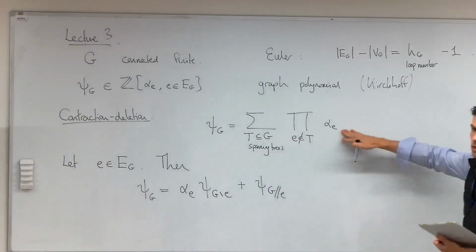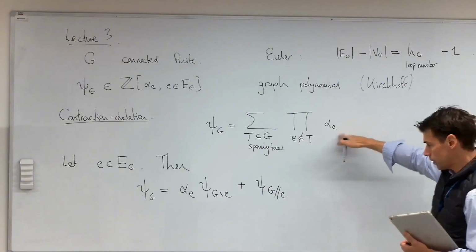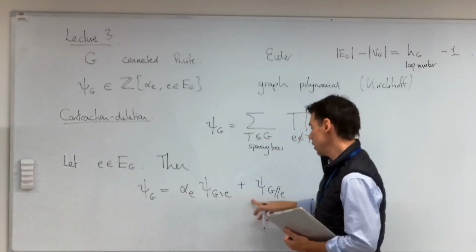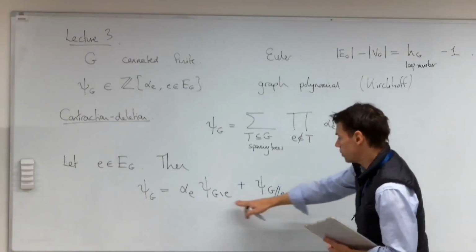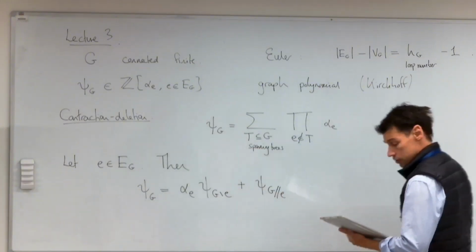So it's obvious from this that it's of degree at most 1 in every variable. If you pick a variable, you can ask what is the coefficient of that variable and what is the constant term. And they can be interpreted as polynomials of the same type for different graphs.